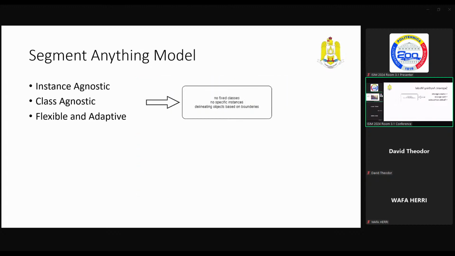So, for both, we refer to no fixed classes, no specific instances, and delineating objects based on the boundaries. So we don't have known objects that we want to find in that image. We just separate the objects in the image based on their boundaries.